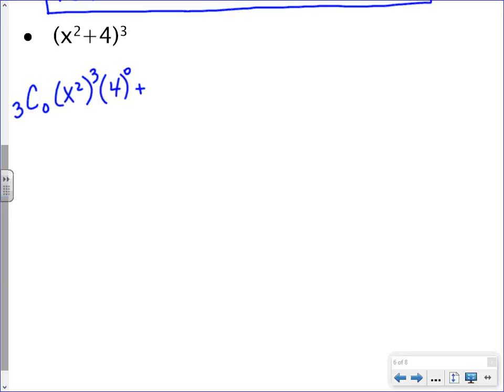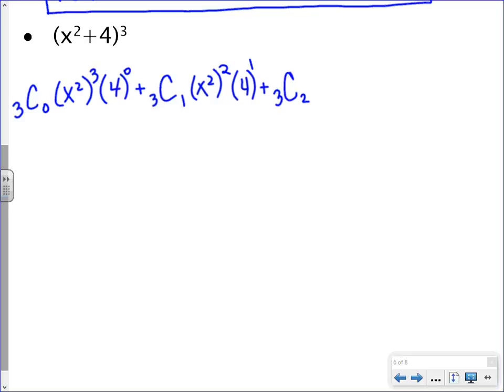Then we're going to move to 3 combinations of 1. X squared gets raised to what power, Tori? 2. Good. And 4 gets raised to what power, Marissa? 1. Good.